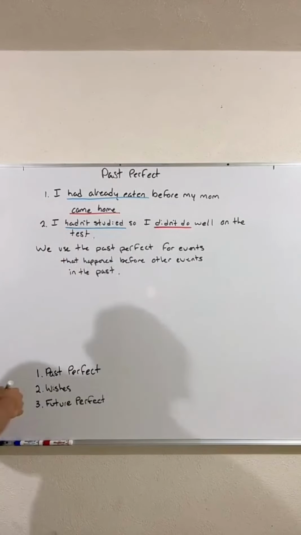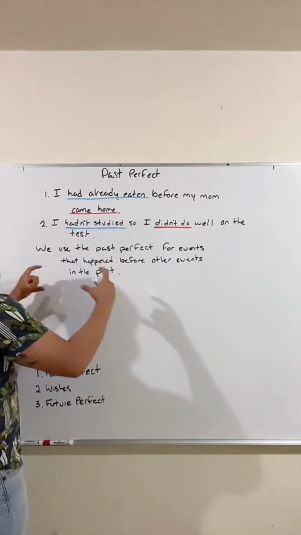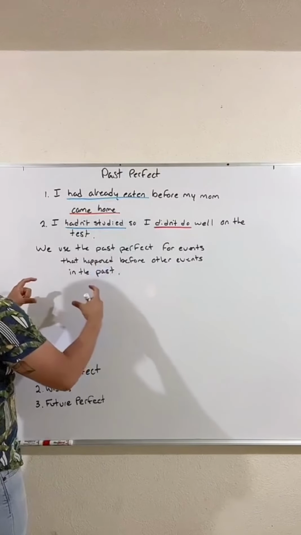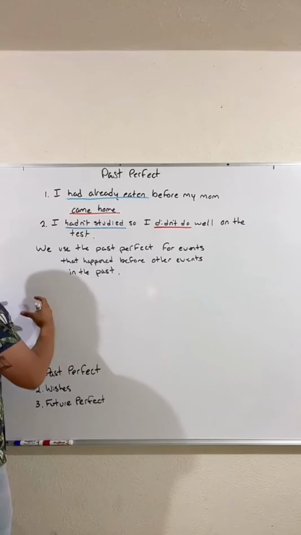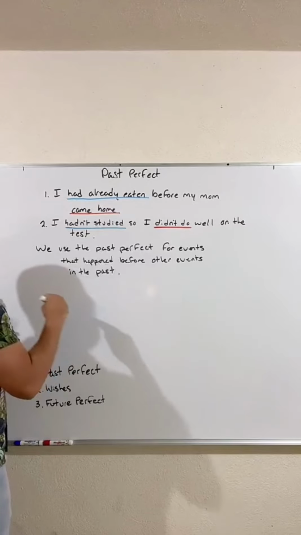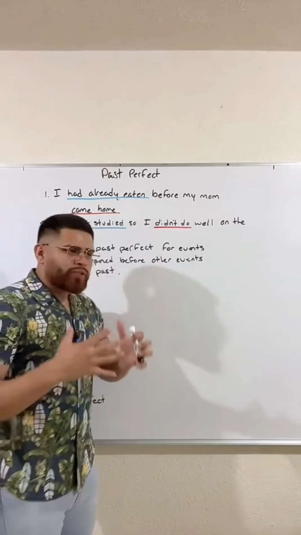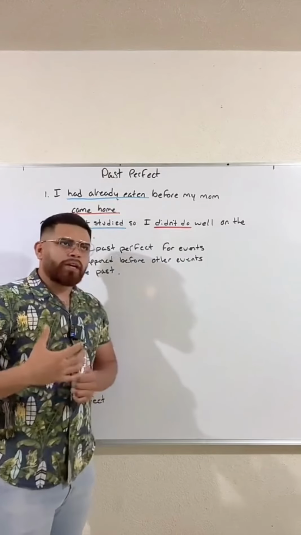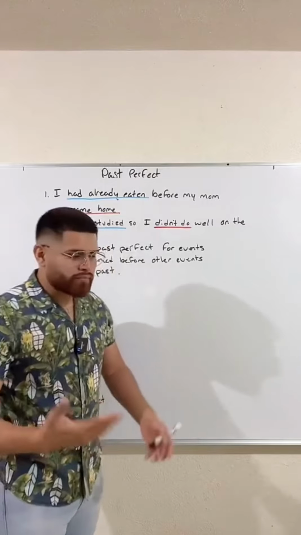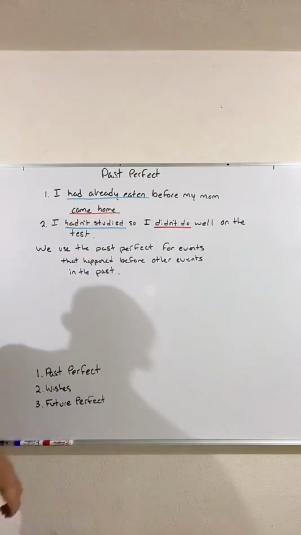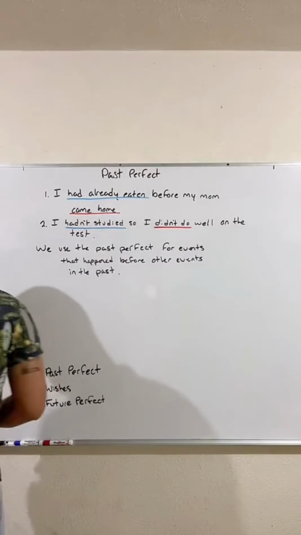Well, remember the past perfect is for events that happened before other events in the past. Okay? It's not really something that you have to use, but it helps make your ideas much clearer. All right? Let me tell you a little bit about the structure.